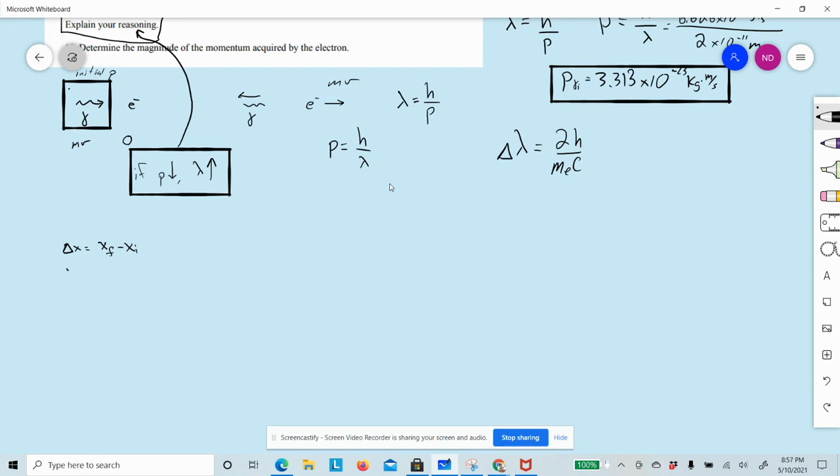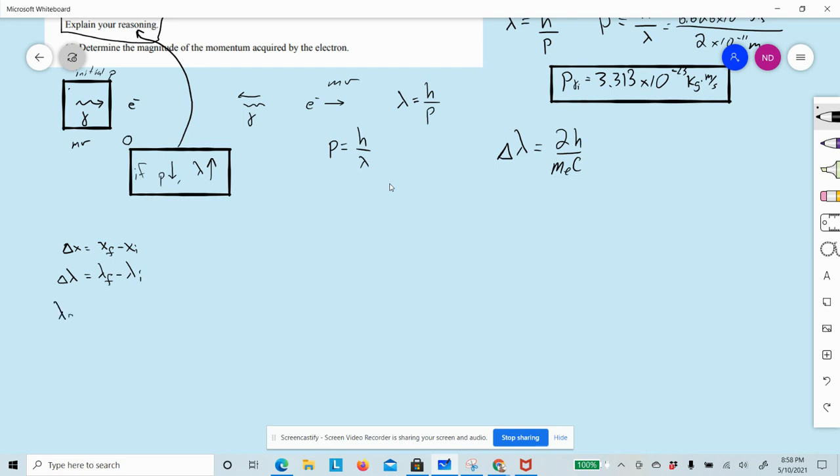So we can talk about it as wavelength. Delta wavelength equals the wavelength final minus the wavelength initial. We were given the initial wavelength. We have the delta. We need to find this. Let's actually do some algebra first. We want to find the final wavelength.